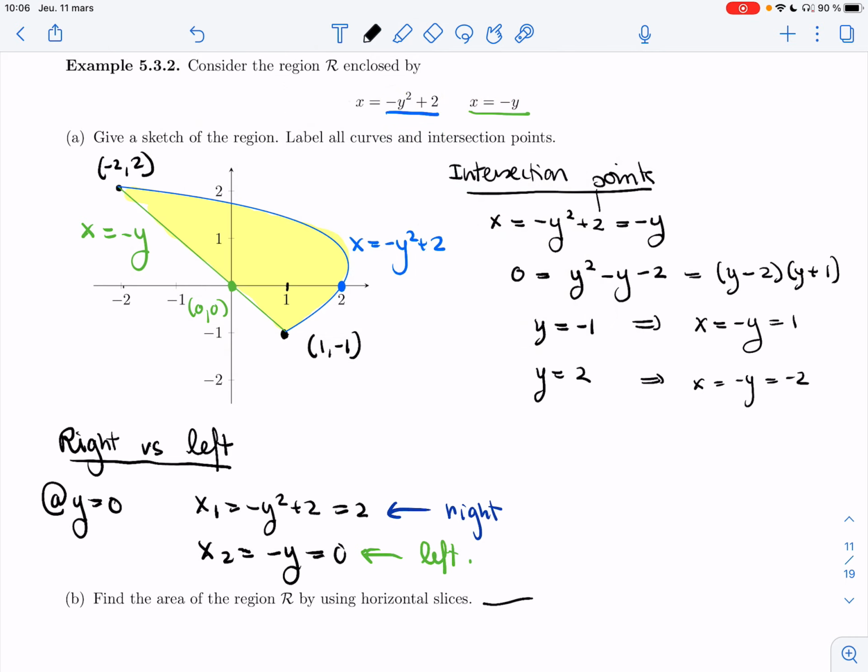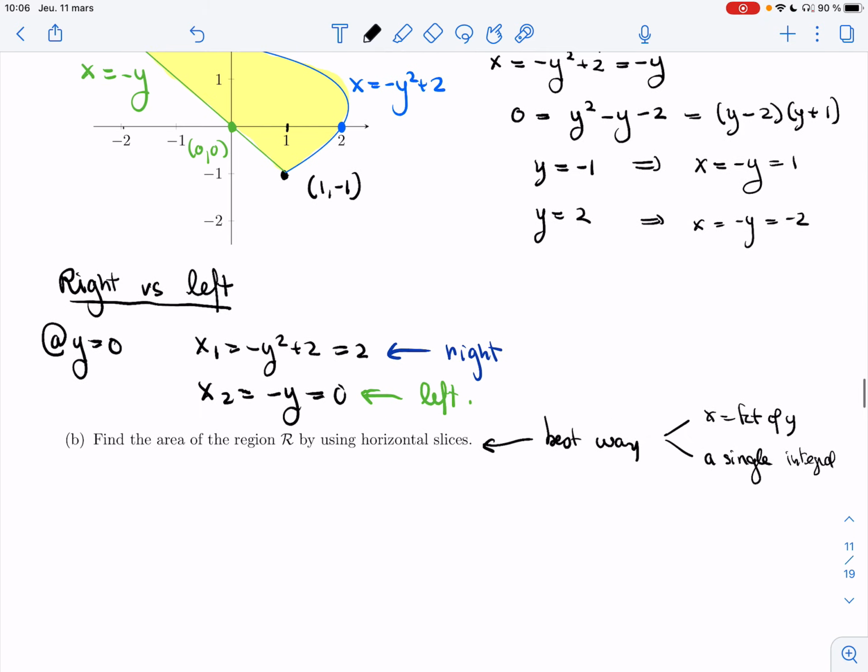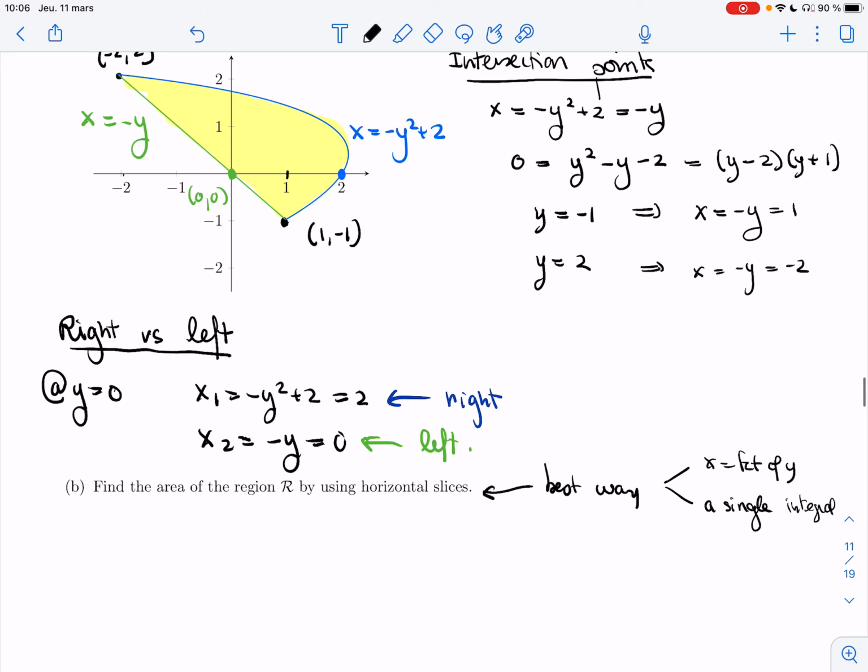All right, so I'm actually forcing you to do it: find the area of the region using horizontal slicing. This would be the best way because the curves are given as x as a function of y, plus we have a single integral. So both clues in this case tell you to take that method.